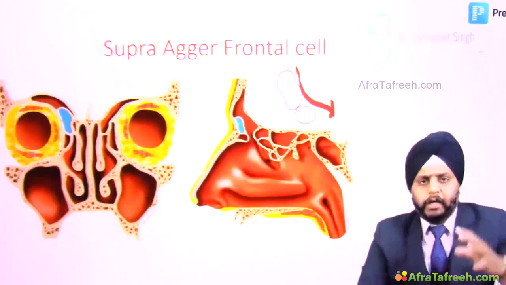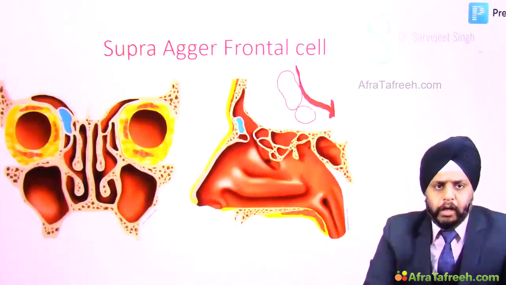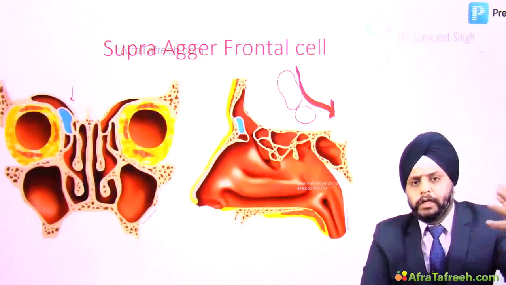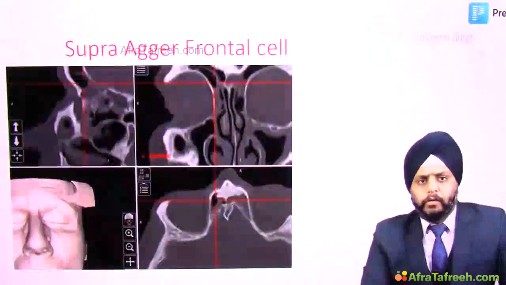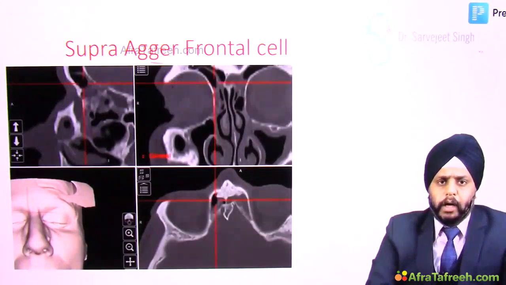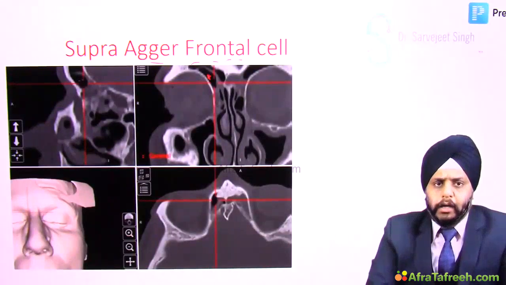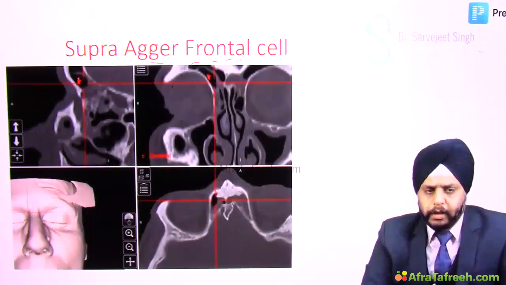That is the supra-agger frontal cell, going into the frontal sinus. Now let's look at this image. This is the supra-agger frontal cell, and it is very anterior.